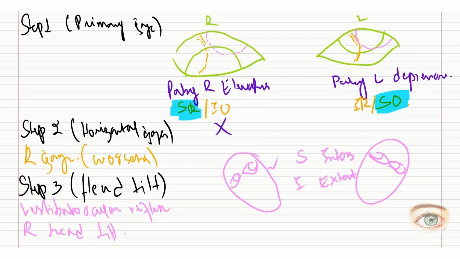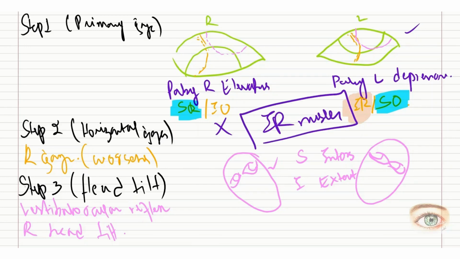Now what is happening over here? The eye is going into extorsion, and we know that the inferior muscles are responsible for extorsion. So the paralytic muscle is the inferior rectus muscle.